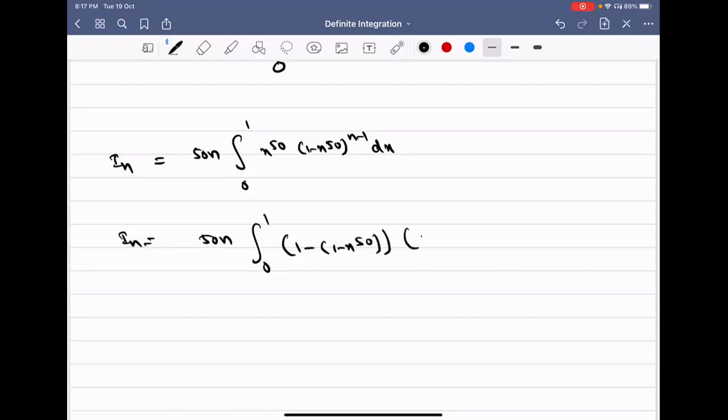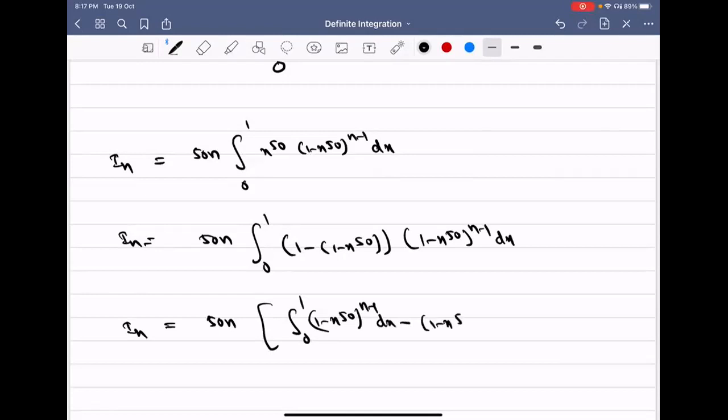I just added and subtracted 1. The second term stays as it is: (1 minus x power 50) whole power n minus 1 dx. Now open the bracket. Therefore In is equal to 50n into the integration of 0 to 1 of (1 minus x power 50) whole power n minus 1 dx, minus the integration of (1 minus x power 50) whole power n dx, from 0 to 1.